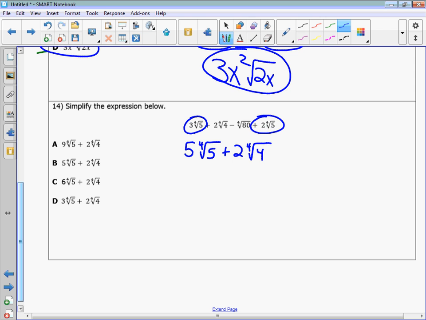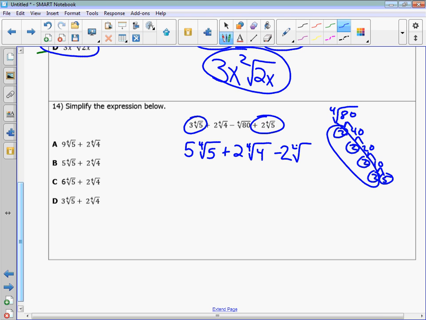So the 4th root of 80, 2, 40, 2, 20, 2, 10, 2, 5. And it's the 4th root, so there are 4 2's multiplied together will make up 80. So that comes out, so it's minus 2, 4th root, and there's a 5 left over. So I'm looking at like terms.